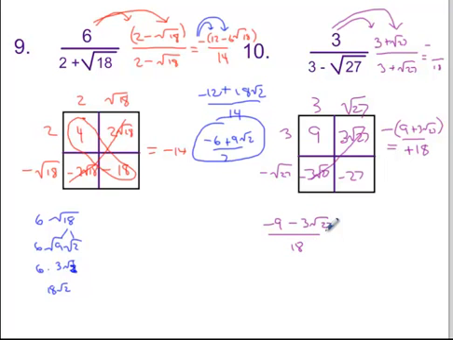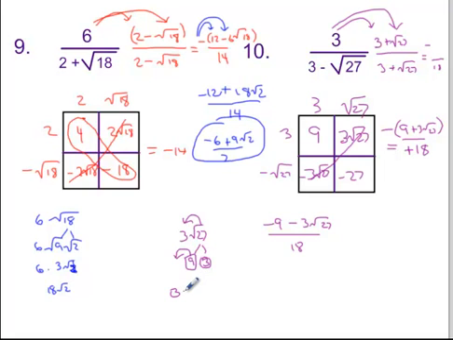Why? Because 27 has a perfect square in it. So how do we deal with 3 radical 27? Well, 27 is 9 times 3. 3 is prime, and 9 is a perfect square. The square root of 9 is 3, so it's going to come out. Now, when it comes out, it's going to multiply this 3 right here. So I have this 3.